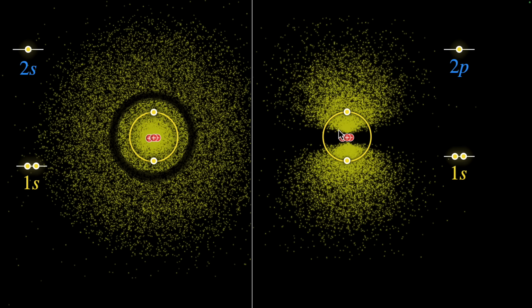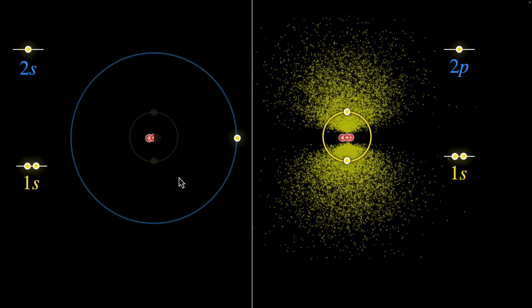Which means if we were to go back to modeling this, we could say that this electron experiences a pull of, say, 1.5 protons on average. But then what would be the pull over here? It would be less because there's a smaller chance of being inside.